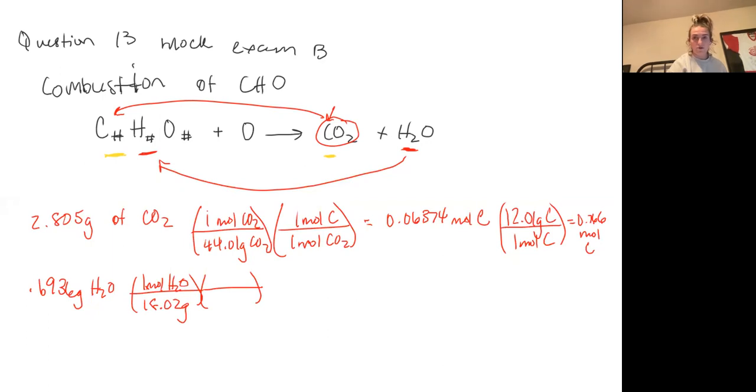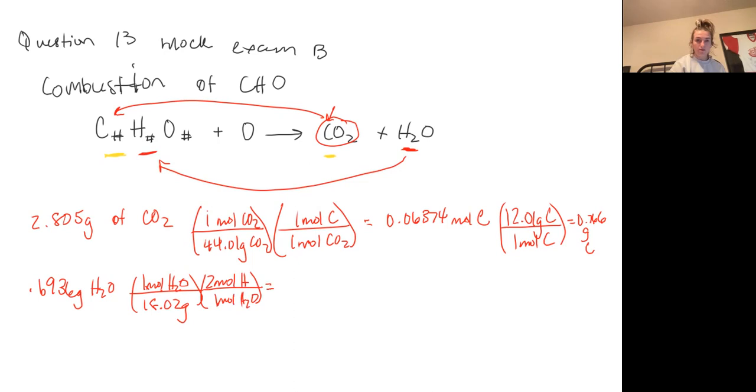Good, right? We have 2 hydrogens for every 1 water. Oh, yes, sorry, this is grams. So we have 2 moles of hydrogen for every 1 mole of H2O.